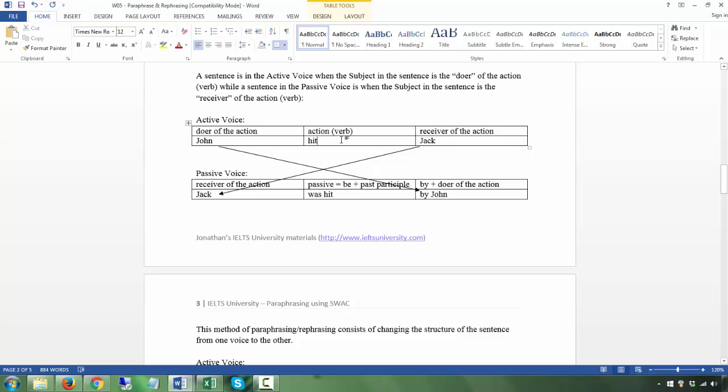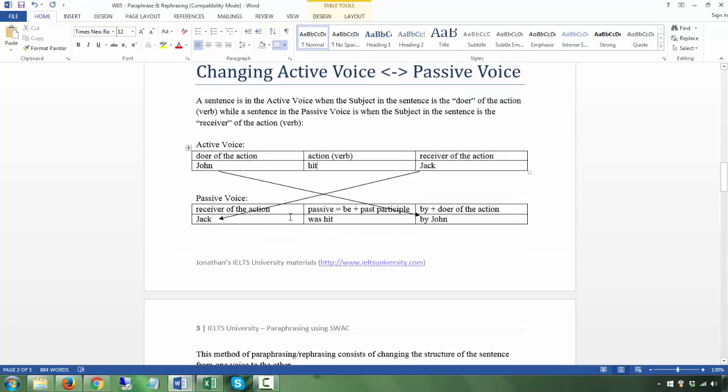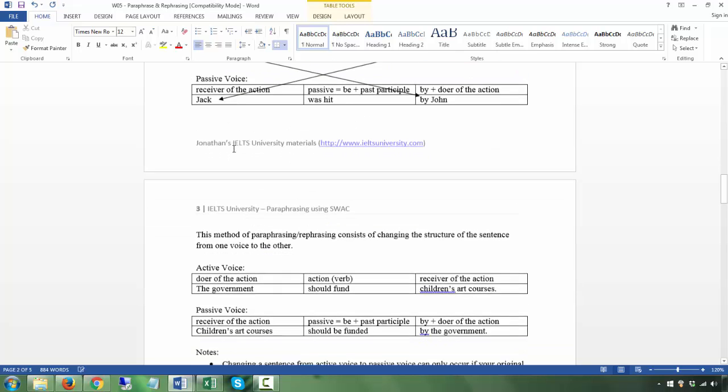If you don't use a transitive verb, you don't have an object, you can't change it around. So it's not something that you can always do. But of course, if the question is already in passive voice, then you should be able to change it to active voice most of the time.